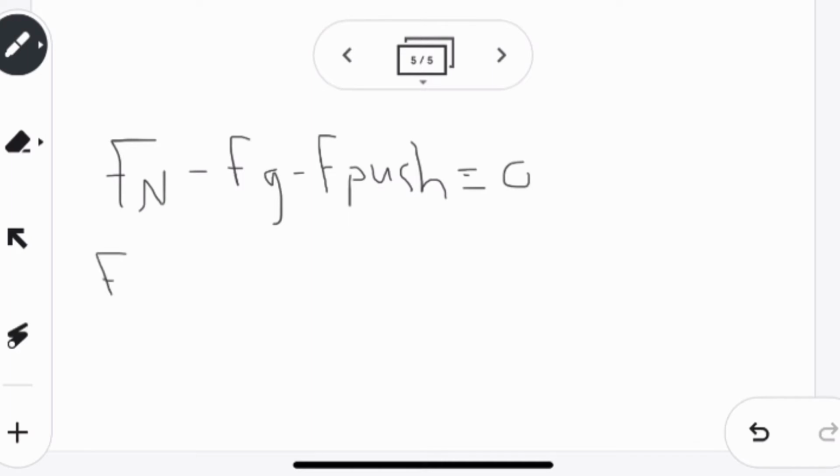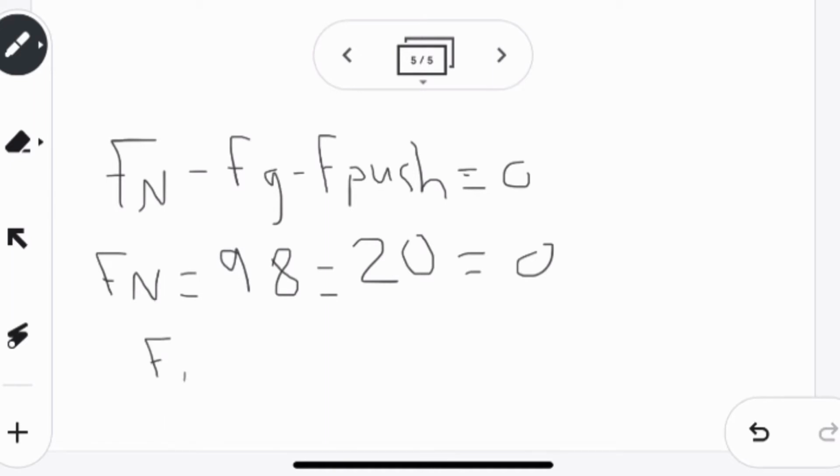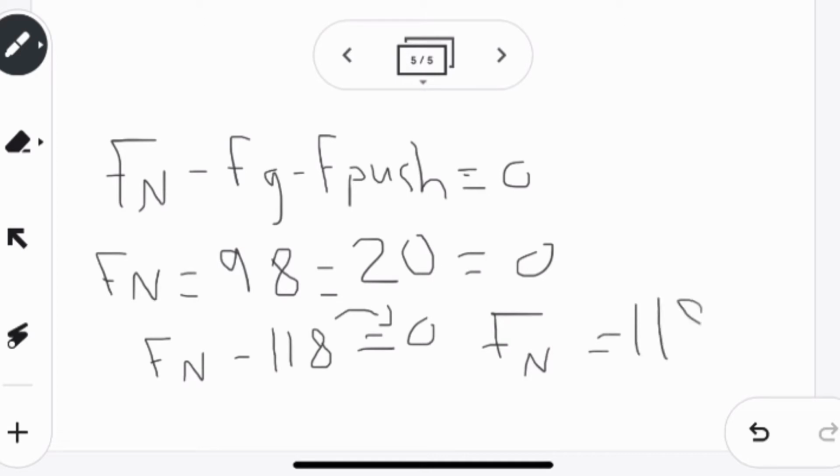So then we need to substitute, which is 98 minus 20, which is the push, equals to 0. Since we have here both negatives, we will add them, which will make them 118 minus 118 equals 0, and then we'll move it to the other side, which will make the normal force equals to 118 Newton.